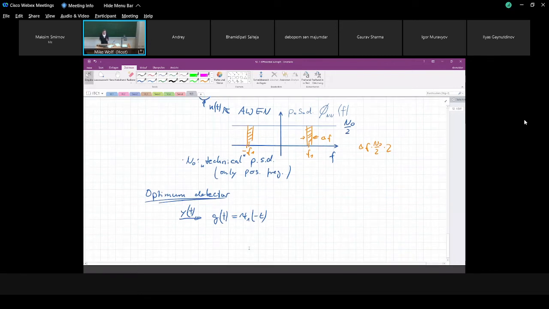But we need to use such a filter or a correlator equivalent. So this is just a filter. This is the impulse response of this filter, g of t, the matched filter impulse response.